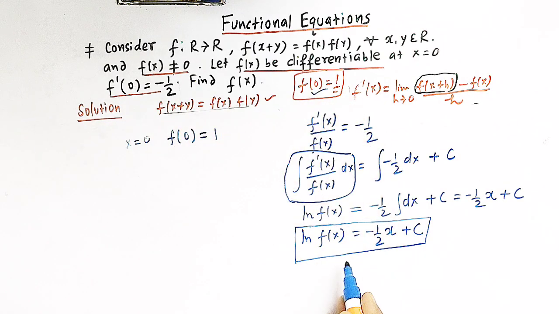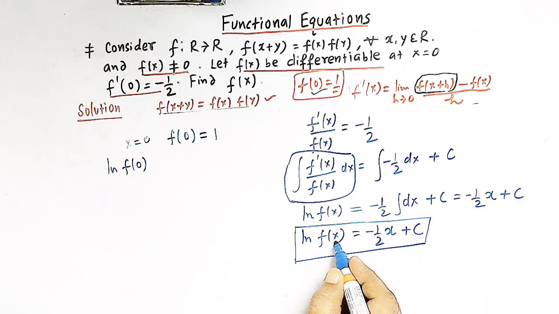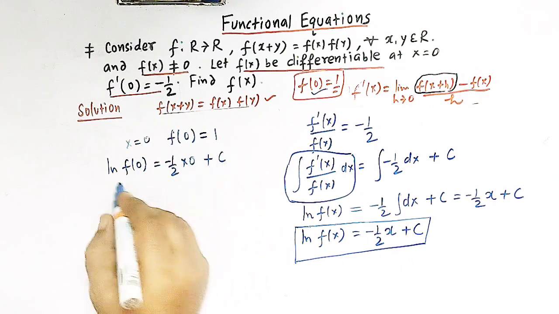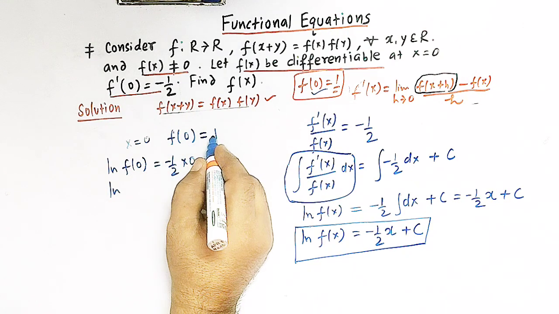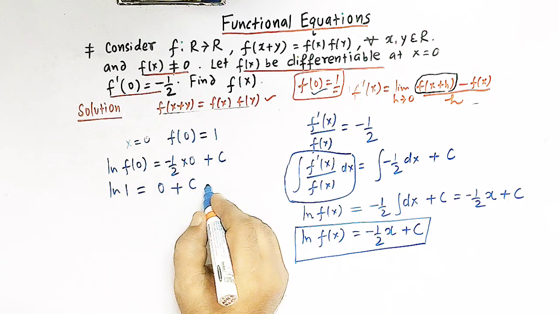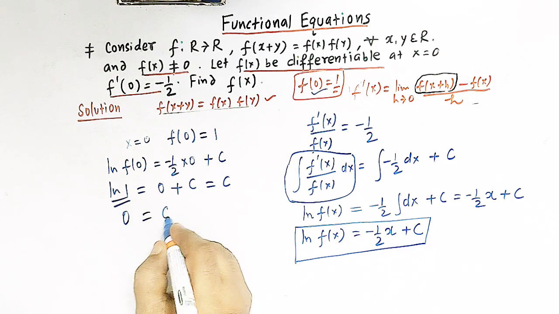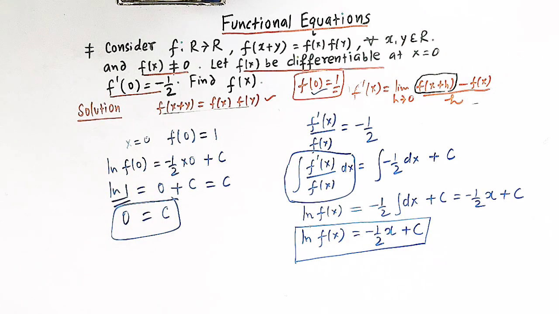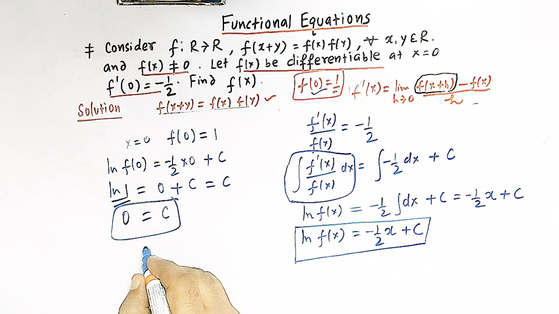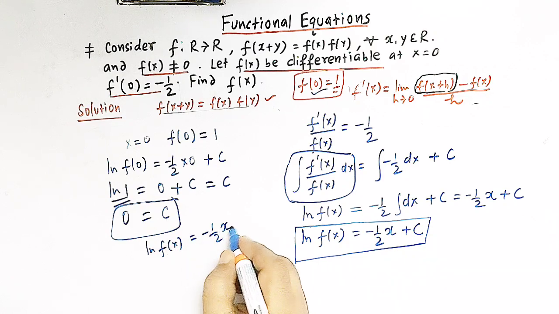So utilizing this condition over here, we have log of f of 0, taking x is equal to 0, we have minus half times 0 plus c, and this is the natural log of 1, and this term is 0. We have c that is equal to c, and log of 1 is 0, so c is equal to 0, right? So now taking this value of c is equal to 0, over here we have log of f of x is equal to minus half x.